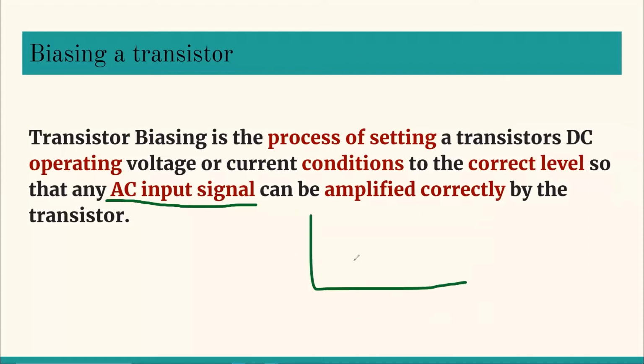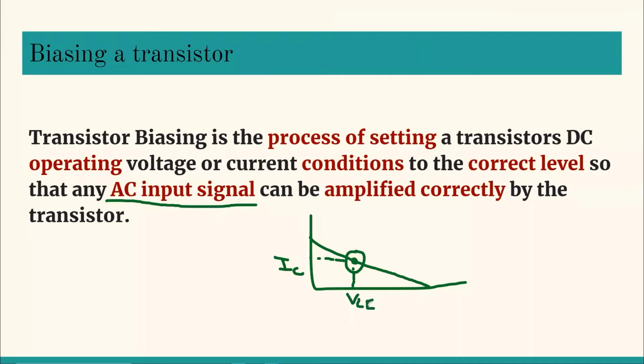On the DC load line, the middle point is the Q point. Okay, and this is the operating point. When you find the X and Y components, it is IC, sorry, the collector current, and the VCE.